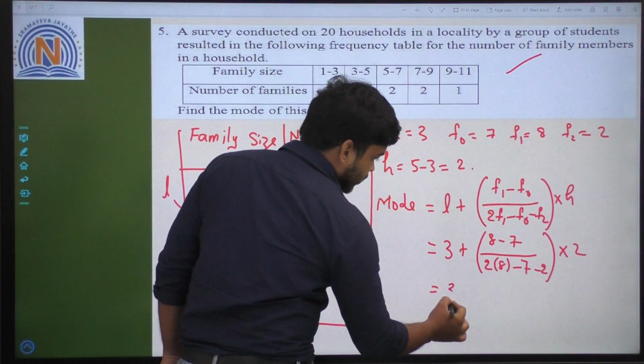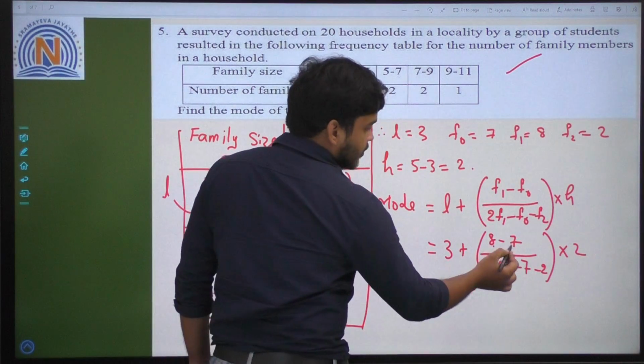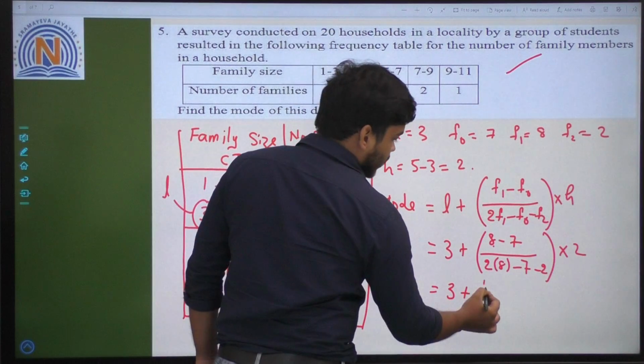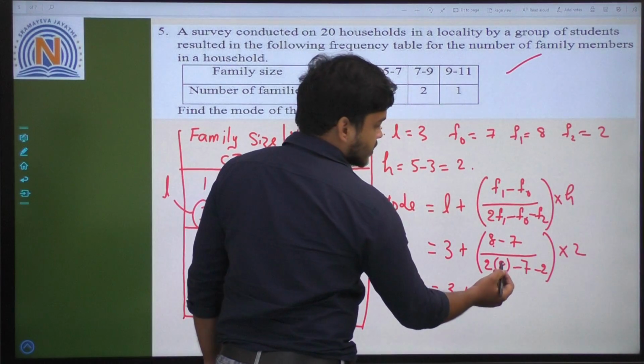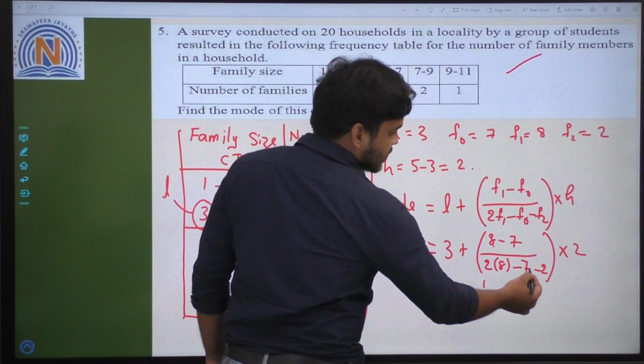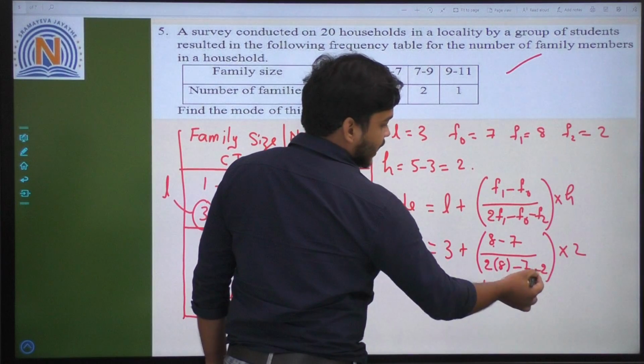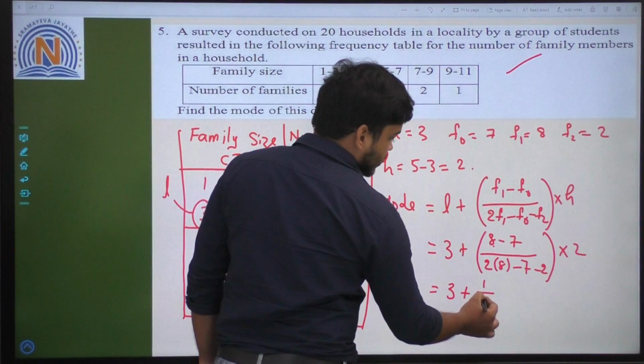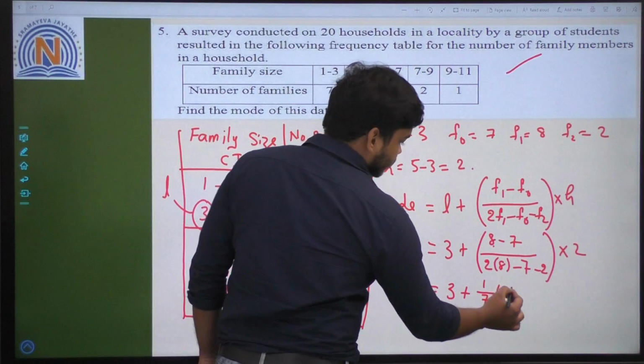So if you observe, 3 plus 8 minus 7 is 1 by here 2 eights are 16, 16 minus 7 minus 2, that means minus 9, 16 minus 9 is 7, into 2.